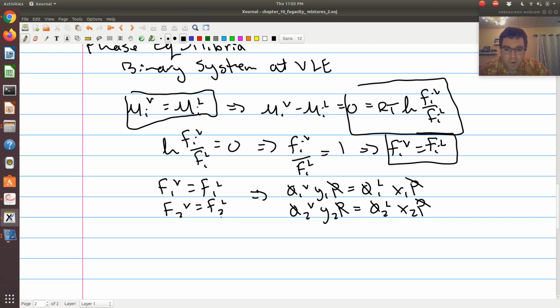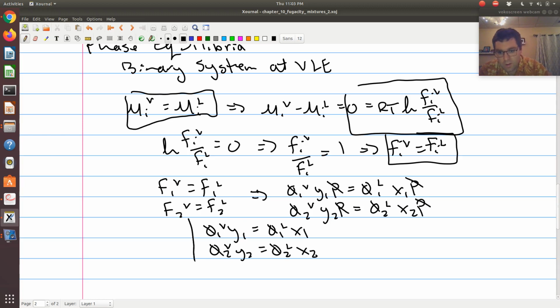If you wanted to rewrite it, you could write phi_1 vapor times y_1 is equal to phi_1 liquid x_1, or phi_2 vapor y_2 is equal to phi_2 liquid times x_2.